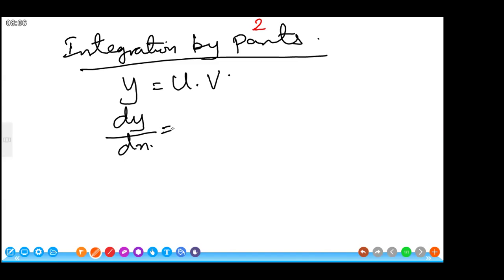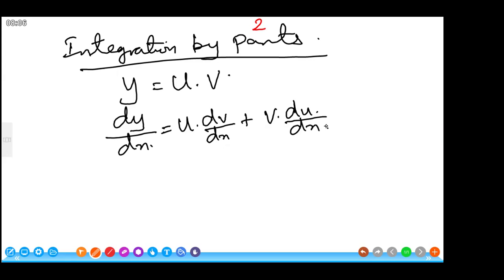Anyone? u into dv/dx, plus v into du/dx. So we can write it like this.